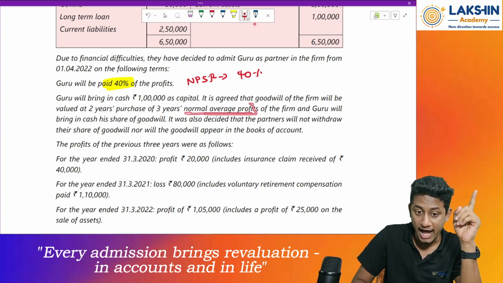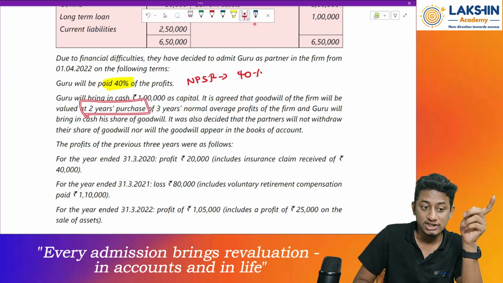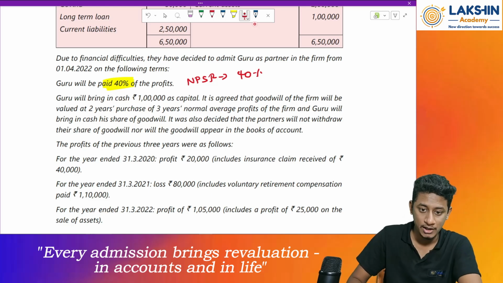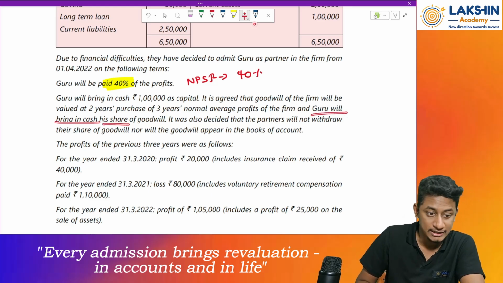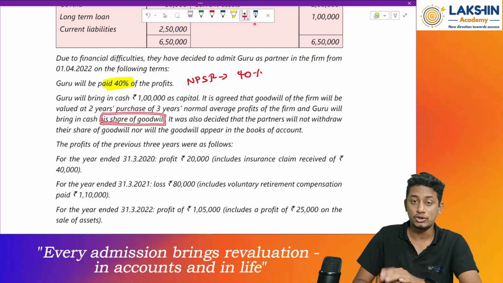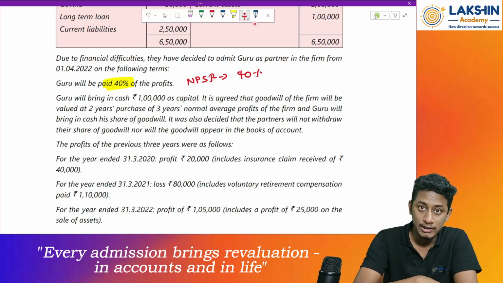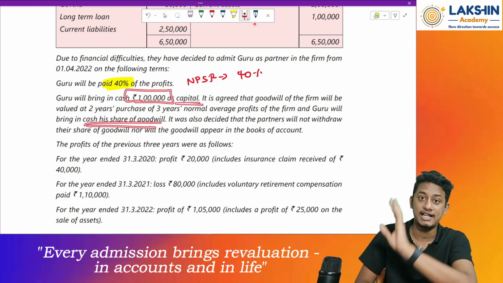Using normal average profits of how many years? 3 years with 2 years of purchase. With 2 years of purchase, I need to find out the goodwill. And Guru will bring in cash in his share of goodwill. So now what we need to do is find out the value of goodwill, and find out Guru's share of goodwill. What will Guru do? Along with rupees 1 lakh as capital, he will also bring in goodwill in cash form.